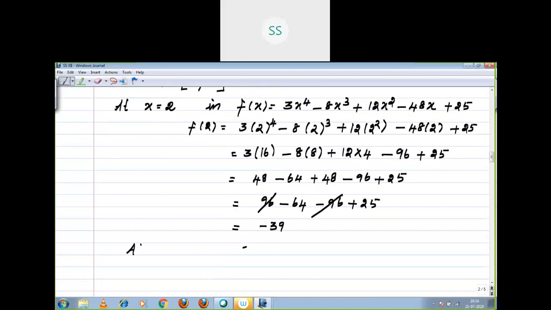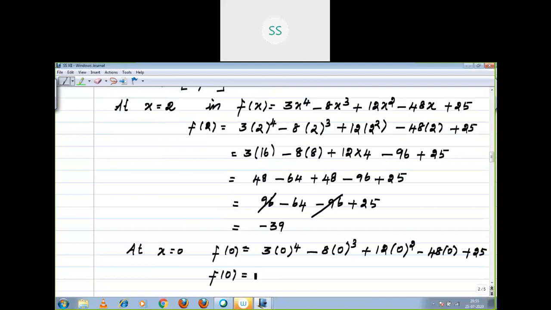Next, at x is equal to 0, f of 0 is equal to 3 into 0 power 4 minus 8 into 0 power 3 plus 12 into 0 square minus 48 into 0 plus 25. So f of 0, what will you arrive at? f of 0 is equal to 25.